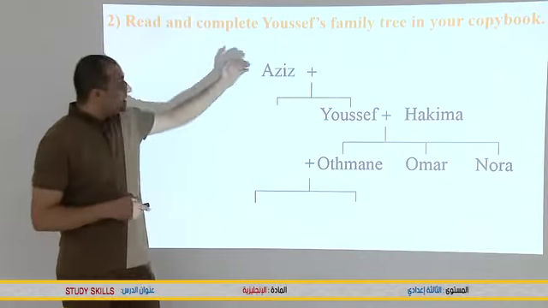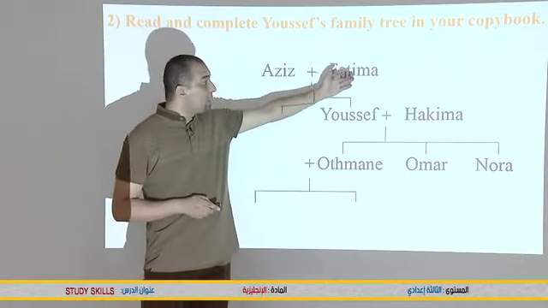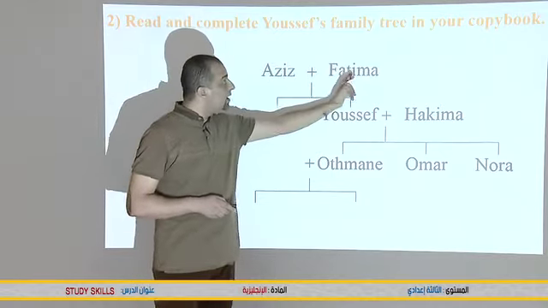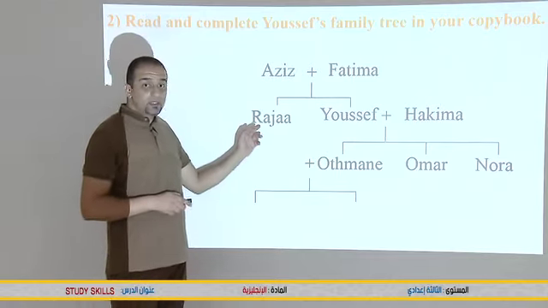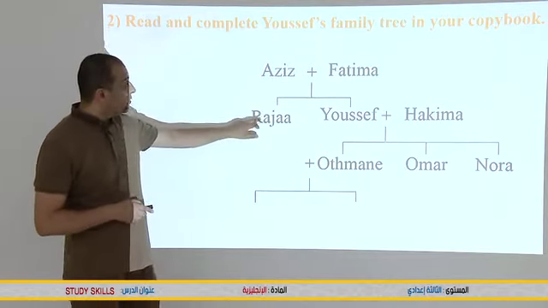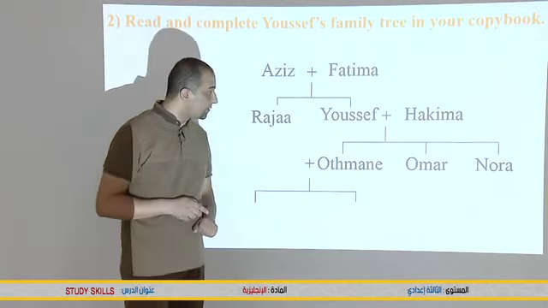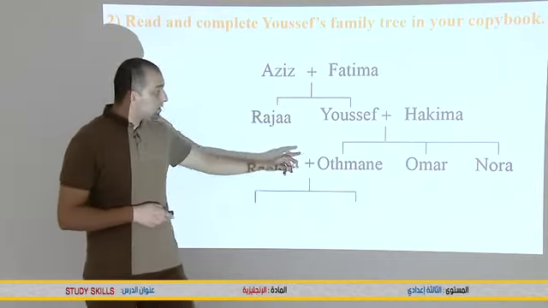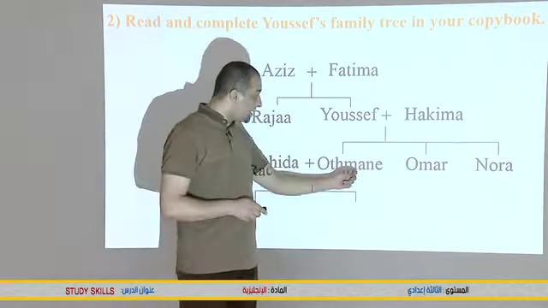Then he said, my father's name is Aziz and my mother's name is Fatima. So here is the place of Aziz and Fatima. I have a sister called Raja. So here is the place of Raja, the sister of Yusuf. Uthman's wife is called Rashida because one of his children is married, who is Uthman.